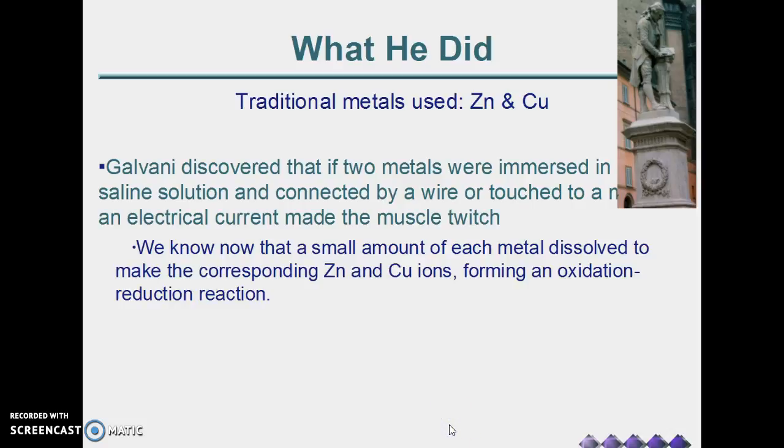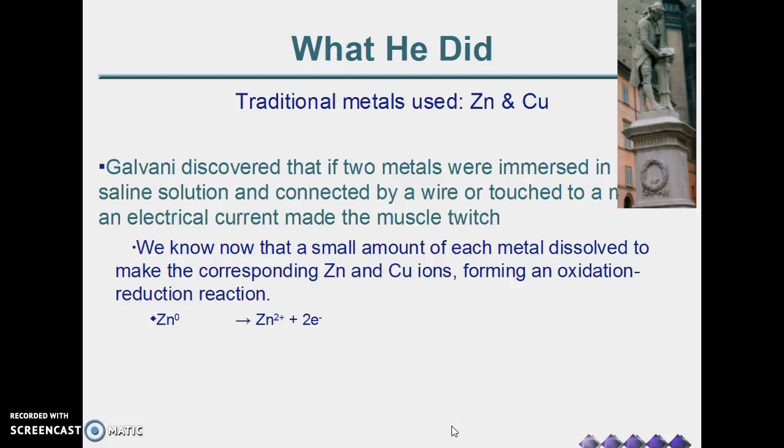We now know that a small amount of each metal was dissolving in the salt water to make the corresponding zinc and copper ions, and it formed an oxidation-reduction reaction where the oxidation was separate from the reduction. He had made an electrochemical cell.